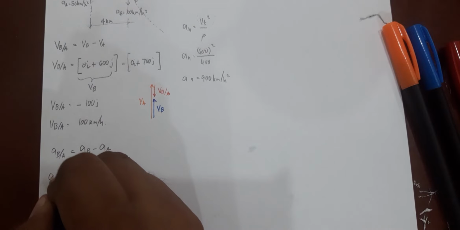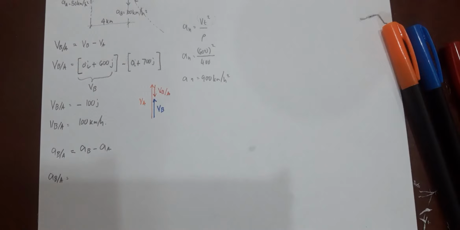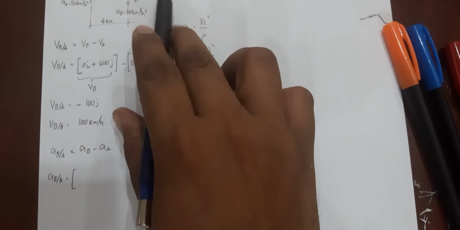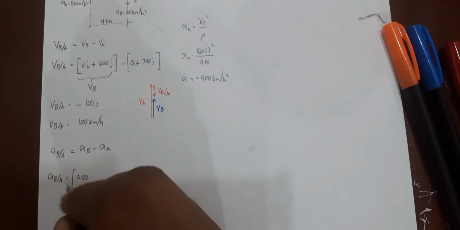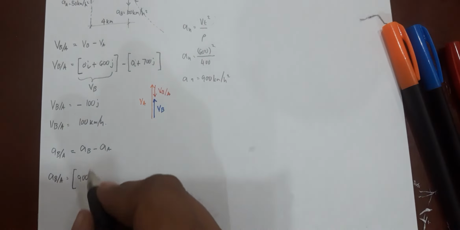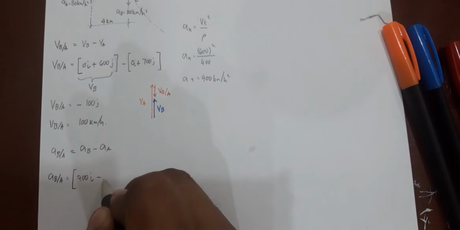Moving forward, next we have the acceleration of B relative to A. Acceleration of B, let's begin with that one. The x component is a n, pointed in the positive direction, so you have positive 900i. Next, the y component is pointed in the negative direction, so you have negative, what is that?